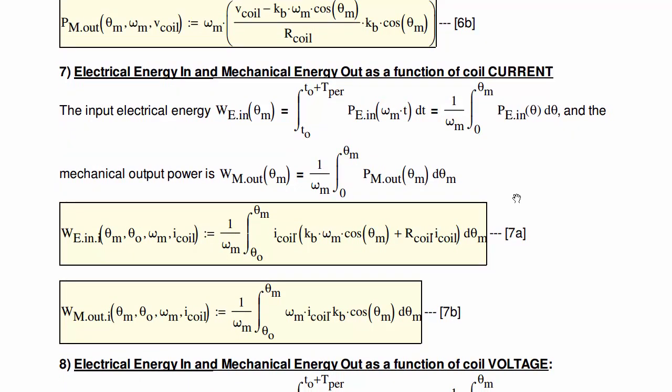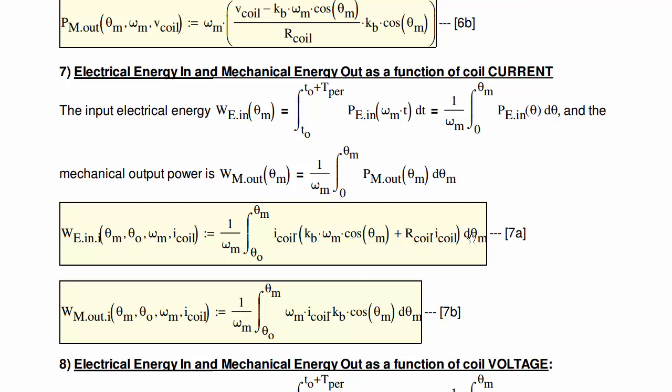Now number 7 is where we're actually going to look at the energy. So we're going to integrate the power between two angles, and instead of deciding those a priori, we're going to put those in as arguments from theta O to theta m, and calculate the amount of work.